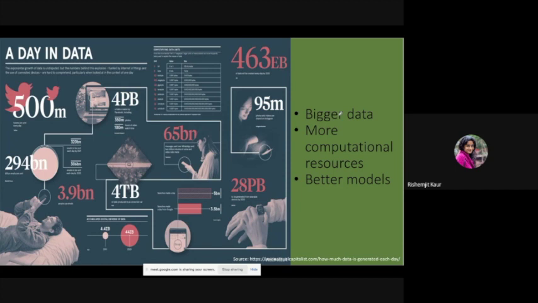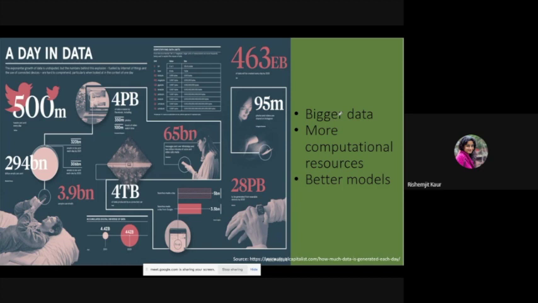We have GPUs available at the click of a mouse. We also have cloud computing, with big companies coming up with their servers, like AWS. There are a lot of computational resources now available due to advancements in chip development.